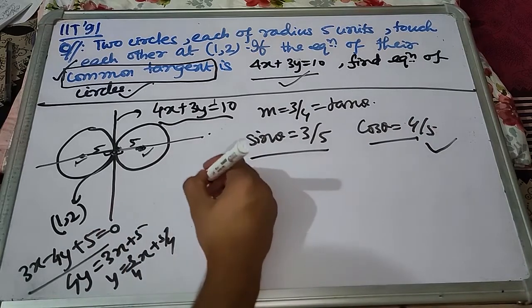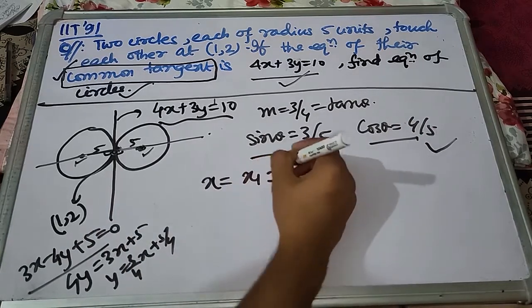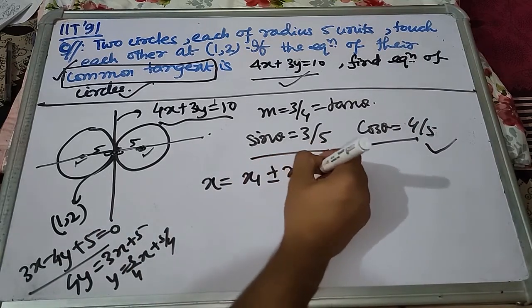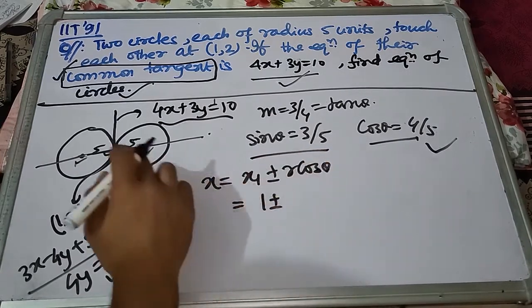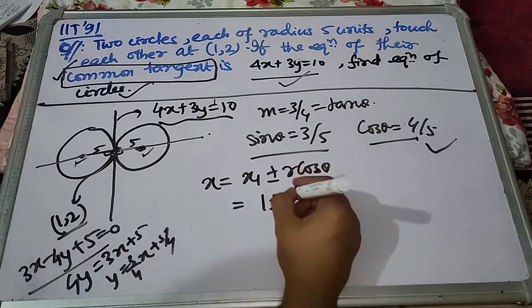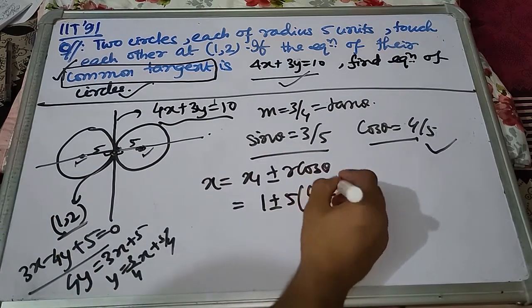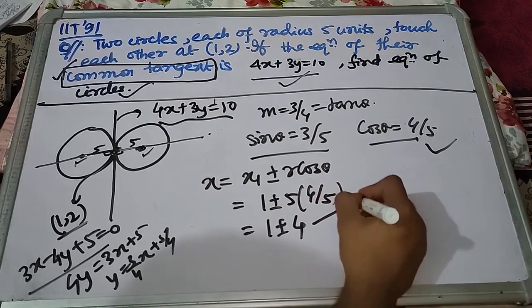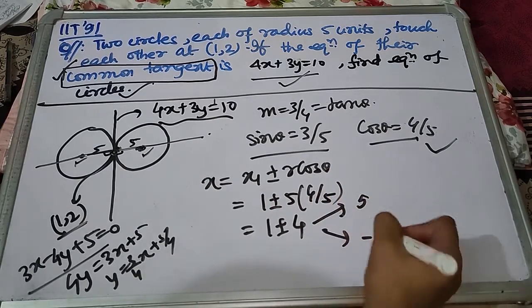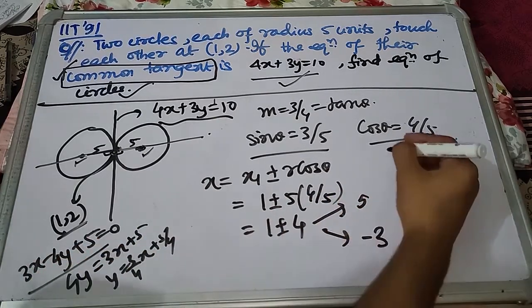So now let us write x equals x1 plus minus r cos theta. So what will this become? 1 plus minus, because this is (1, 2), 1 plus minus 5 into 4 by 5. This is 1 plus minus 4. This will result in 5 and minus 3.